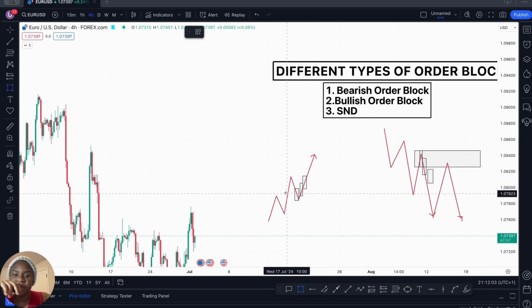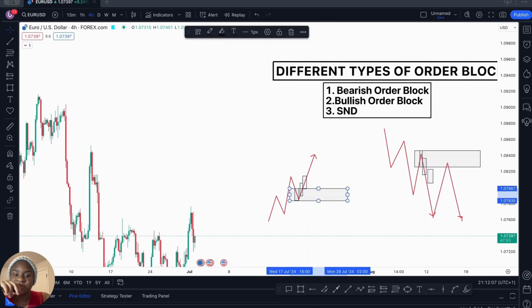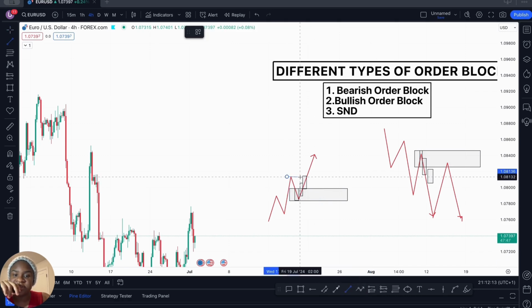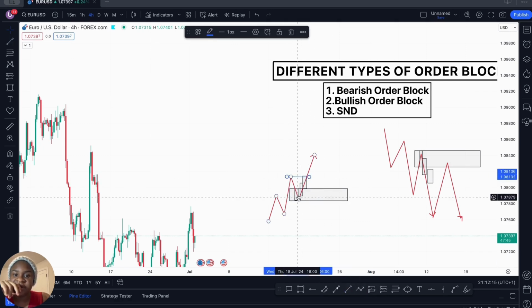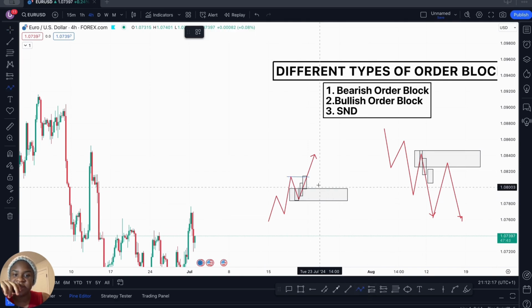You're going to mark this last bearish candle here as your order block. Make sure it has a fair value gap. Why is that? Because it took out liquidity, this buy side liquidity. Market took out that buy side liquidity, will come back into that order block here and continue its direction.